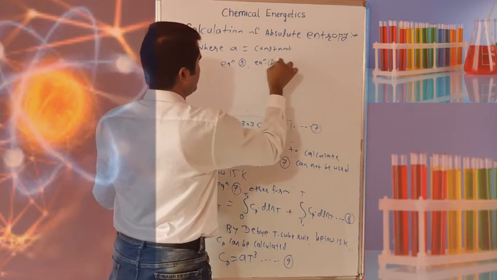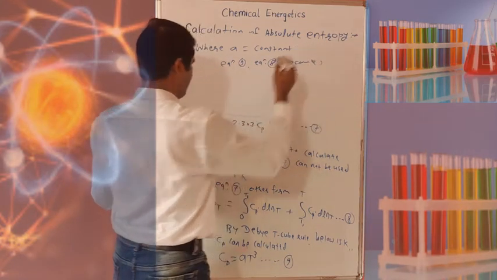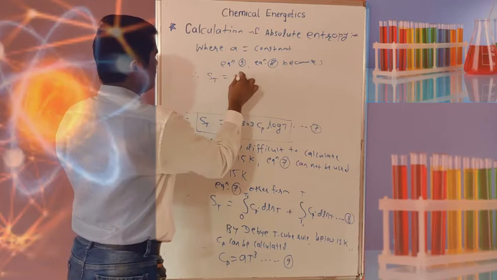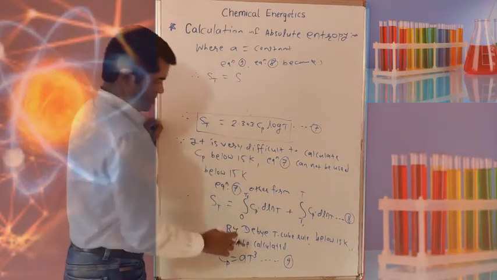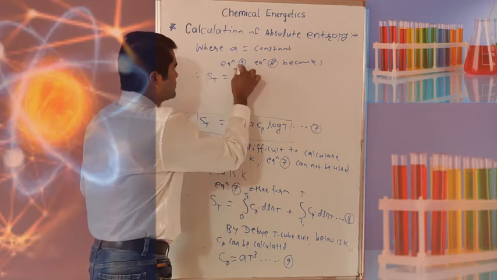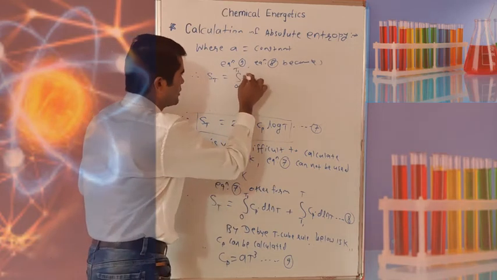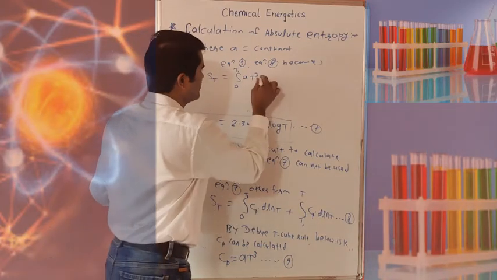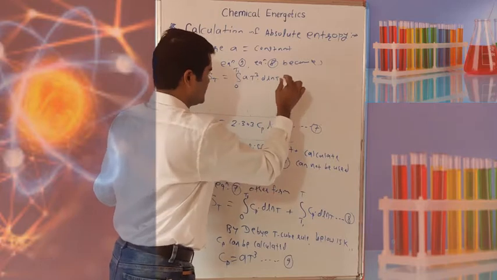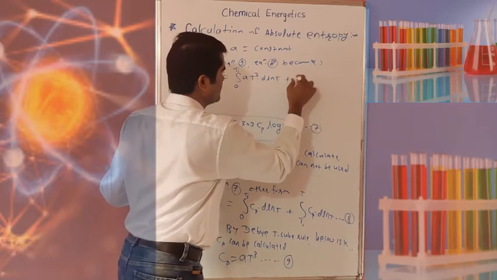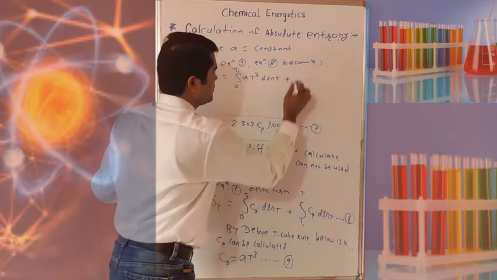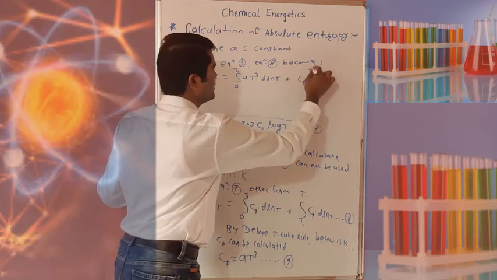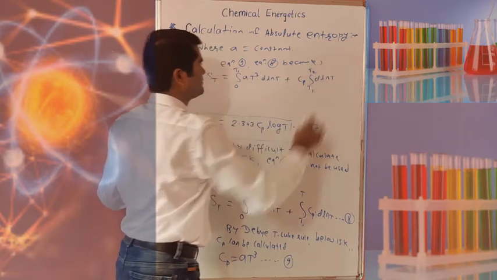Therefore St is equal to the integral from 0 to T1, that is 0 to 15 Kelvin, of Cp, instead of that we write the T-cube rule, A T-cube into d ln T, plus, and here we can take the Cp common because it is constant there, integral from T1 to T of d ln T.